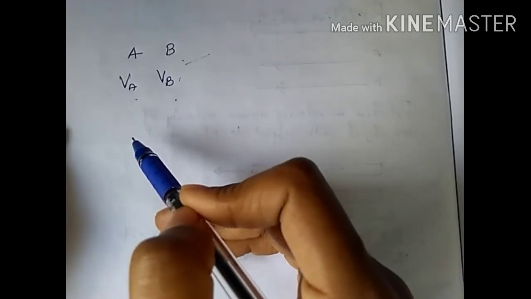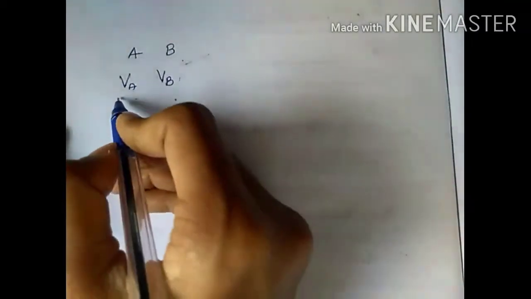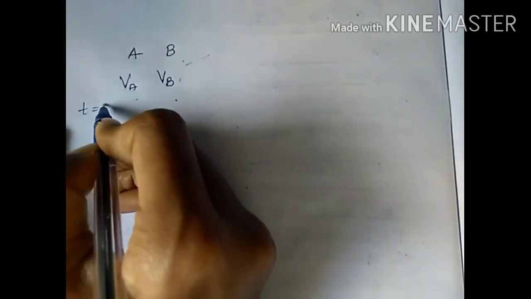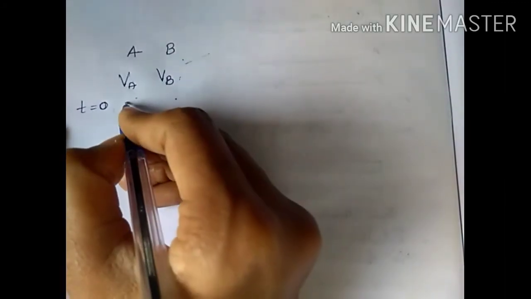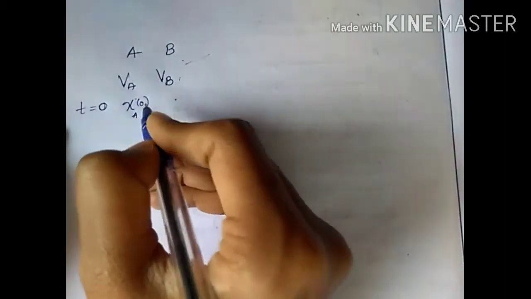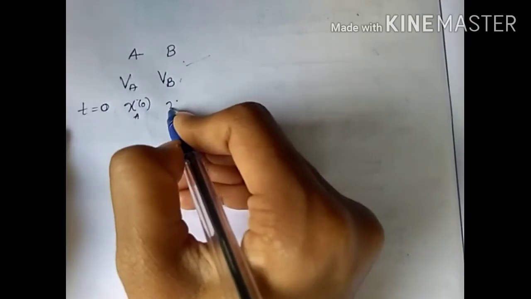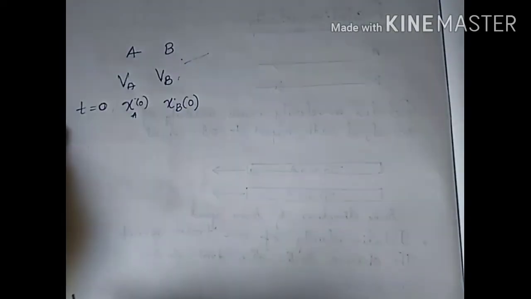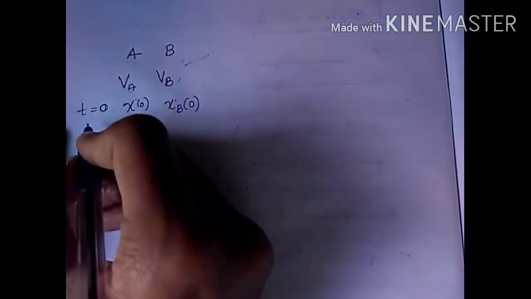Now at time t equals 0, the position of A can be written as xA0 and the position of B can be written as xB0. What will happen to their positions at time t?